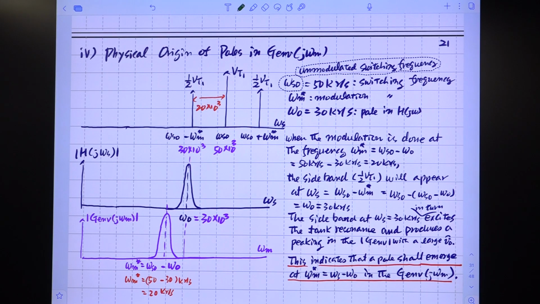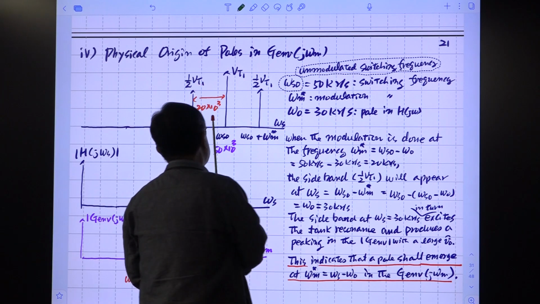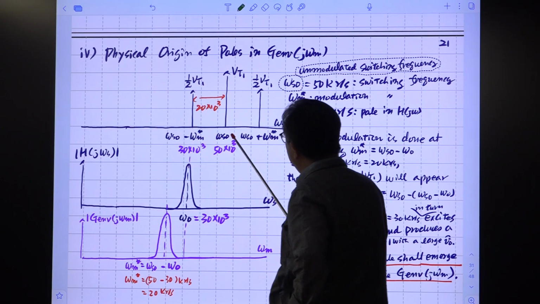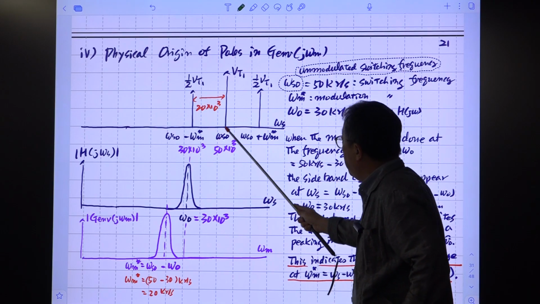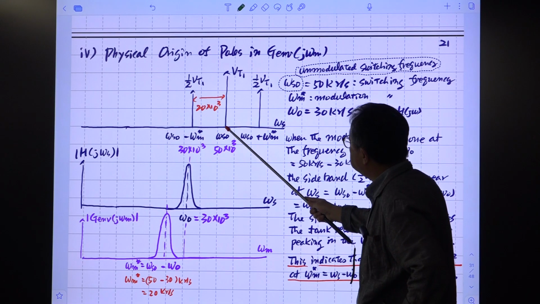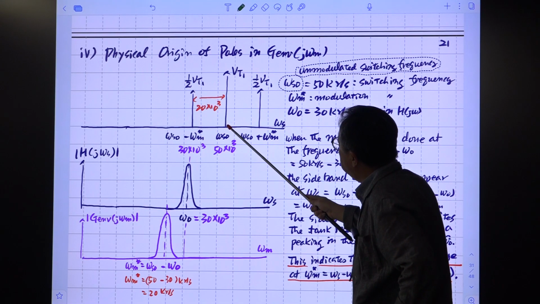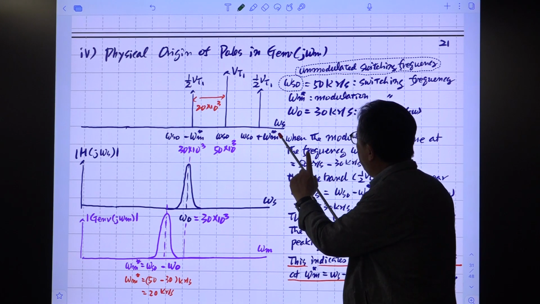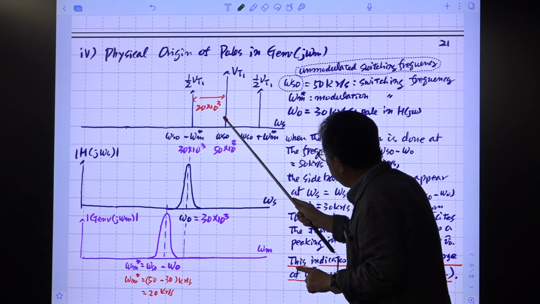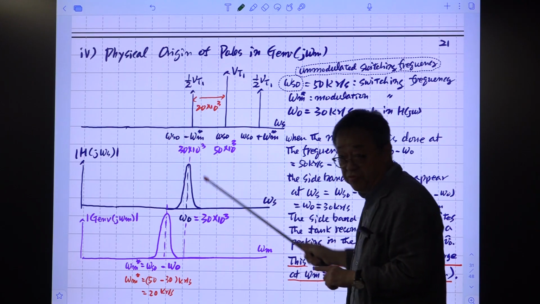Physically, we understand this by following this. Here we have three representations. The x-axis here is omega s. This one is also omega s, and this is the unmodulated switching frequency, and the modulation frequency was omega m. This one is the fundamental component, and this one is some component at this frequency.